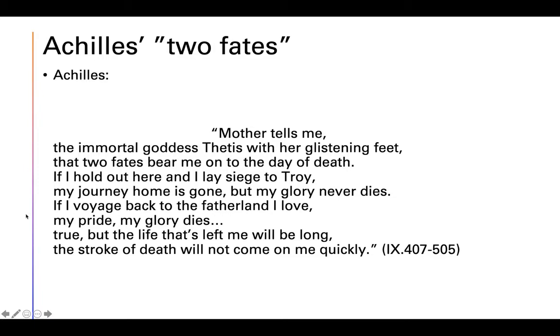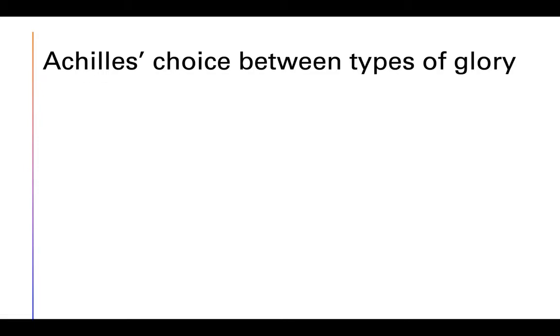And one way to help us think about them is he's basically choosing between two types of glory in the Greek universe. Ancient Greek values really, really value glory, over and above other values that most societies have. Greeks love glory, and they have different types of glory, and here are the two that really animate the Iliad.